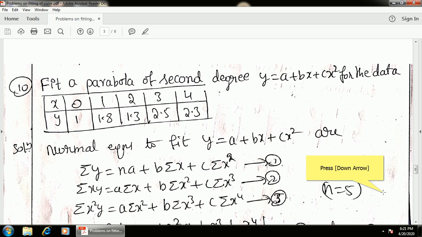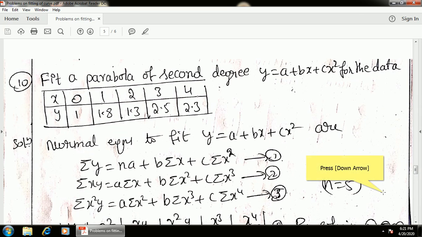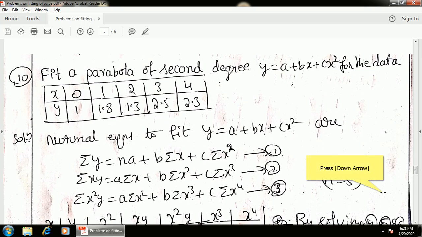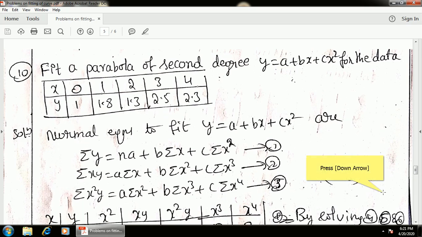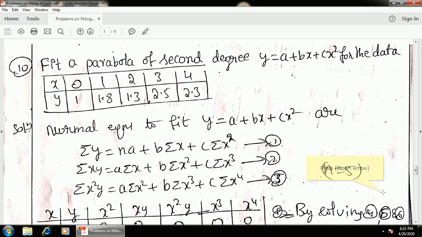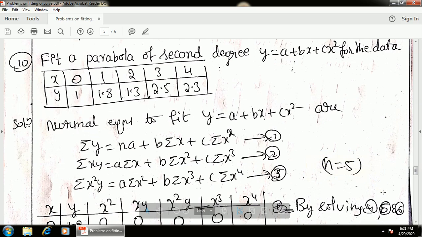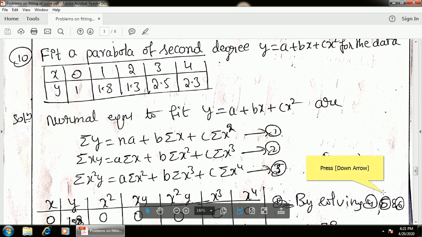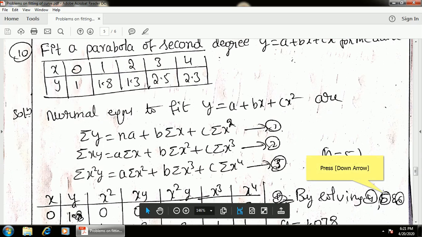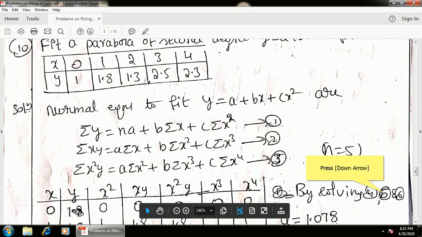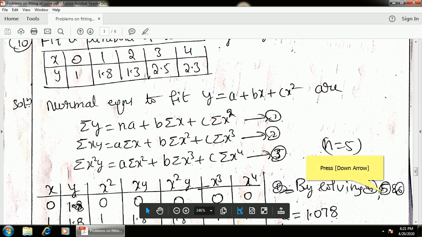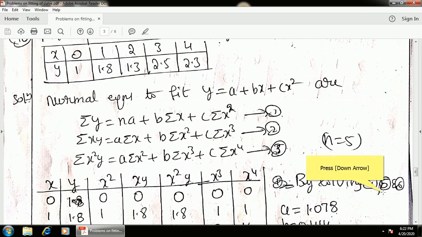As usual, write down the normal equations to fit the parabola y is equal to a plus bx plus cx square. It is very easy to write down the normal equations.